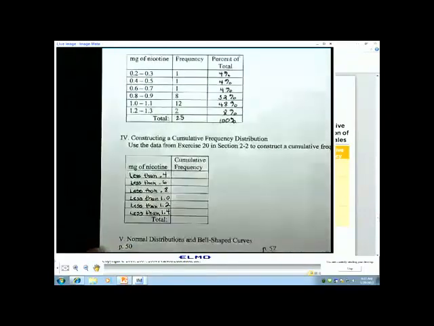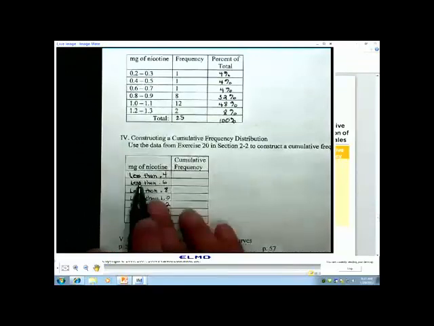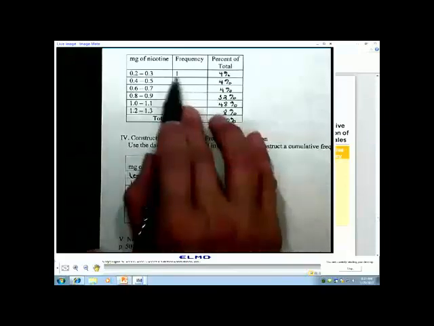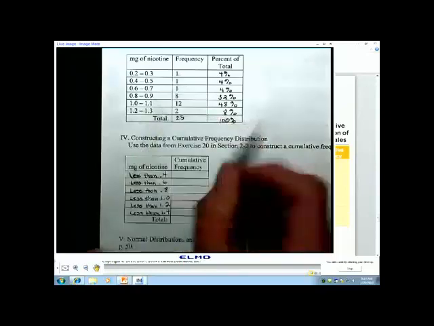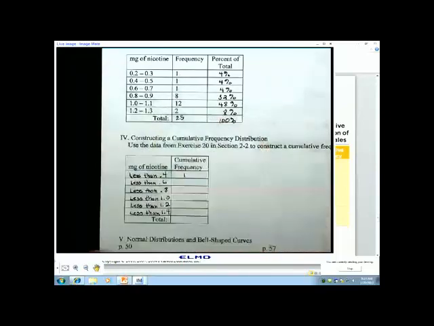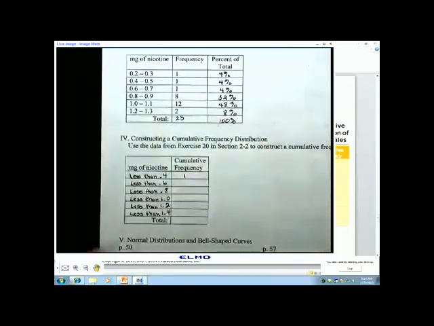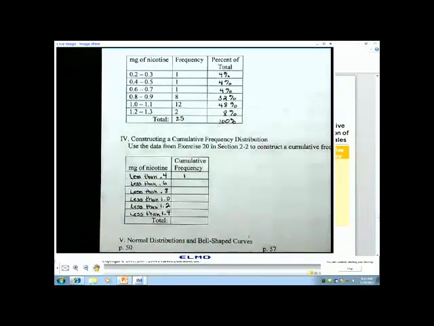How many cigarettes had less than 0.4 milligrams of nicotine? Only this one in the first class. That was the only brand that had less than 0.4 milligrams of nicotine. How many had less than 0.6 milligrams of nicotine? Well, here's 0.6.